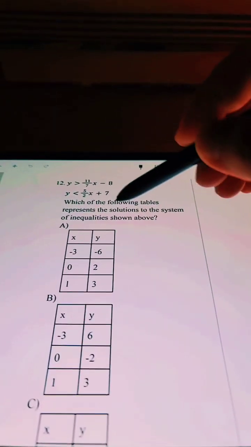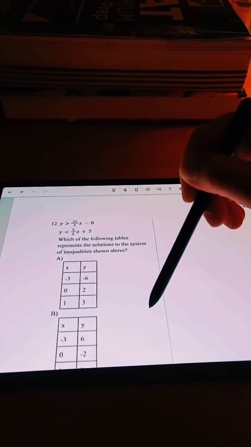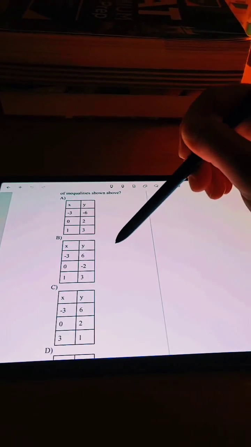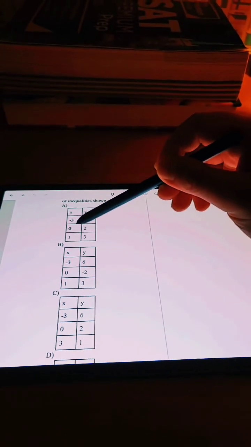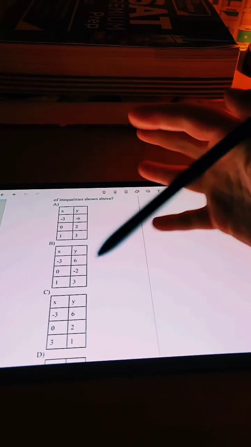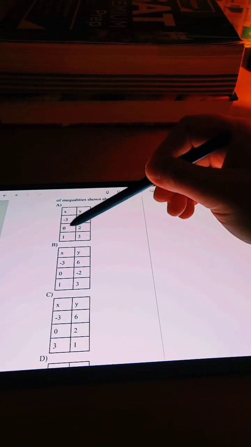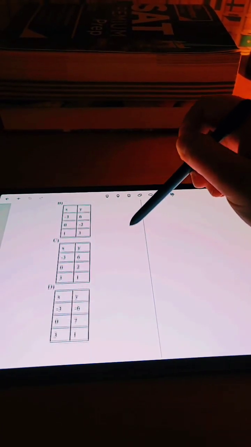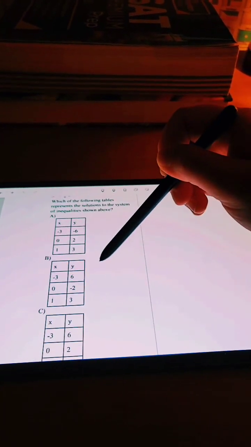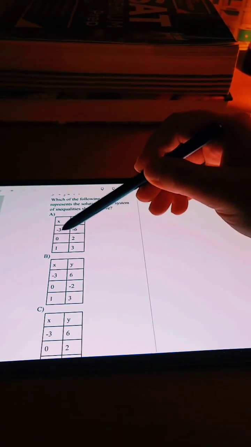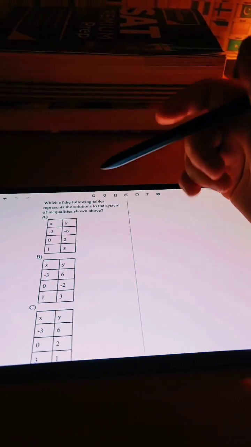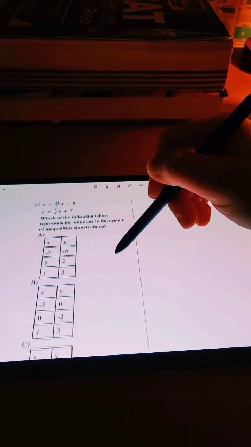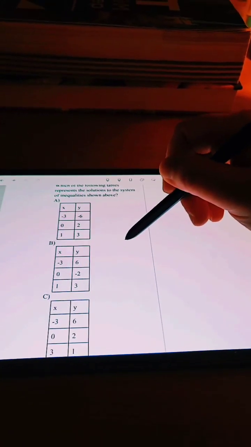You're going to check that the table matches the system of inequalities. So first, let's see strategically what we might want to pick first. This has 0, 2, this has 0, comma, negative 2. I'm looking at 0 because it's the easiest number to work with. So it's probably my best bet to start with plugging in 0, because then I'm going to be able to eliminate at least half the answer choices. Well, actually, no, it's an inequality.